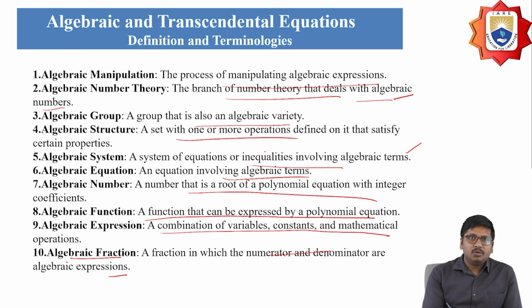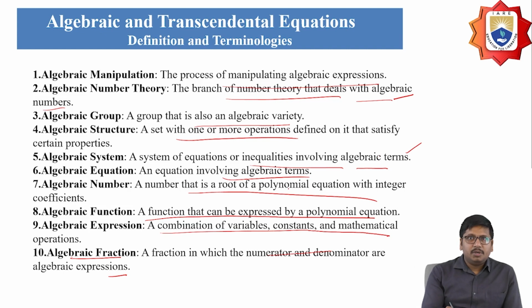An algebraic structure is a set with one or more operations defined on it. A system of equations and inequalities involving algebraic terms is called an algebraic system. An algebraic equation is an equation that involves algebraic terms.